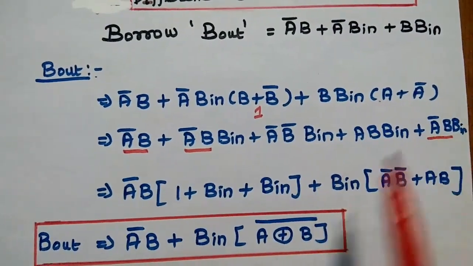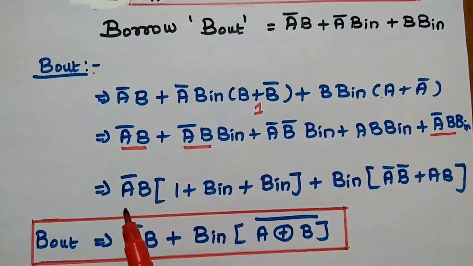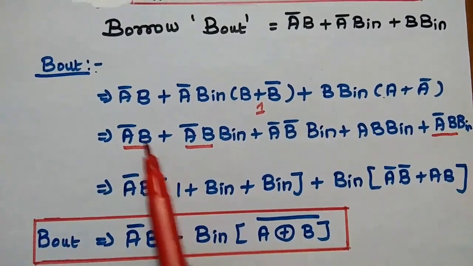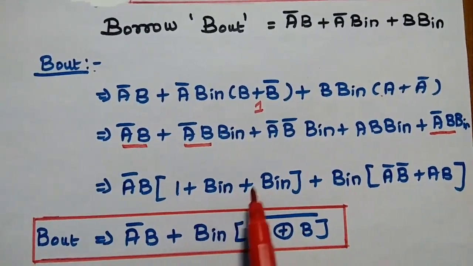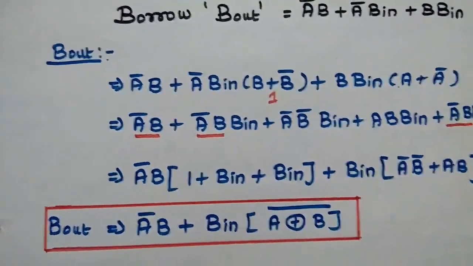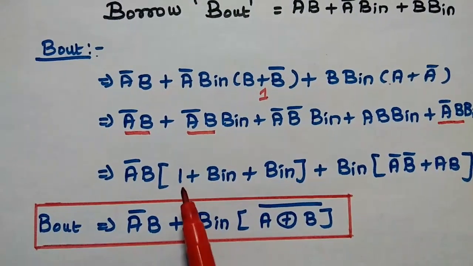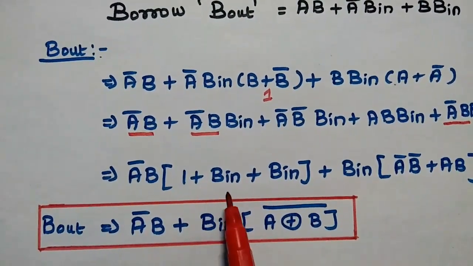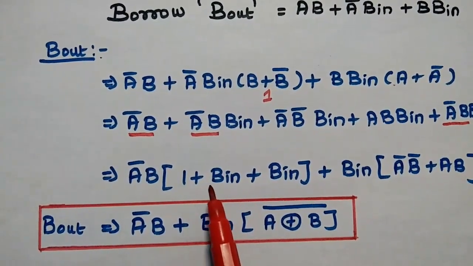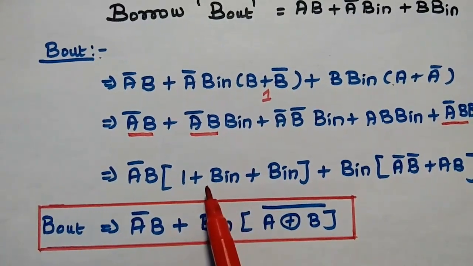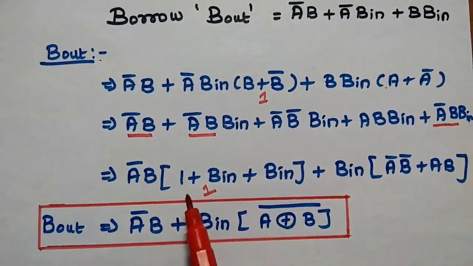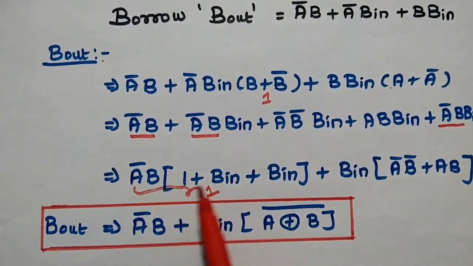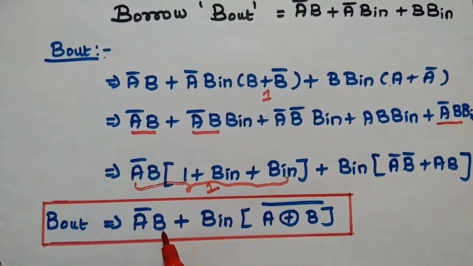So we can take it outside as a common one. So A bar B into this becomes 1 plus B plus B. Now 1 plus any bit, if 1 is added with any bit, the answer is always 1. So now we can obtain this expression as A bar B.